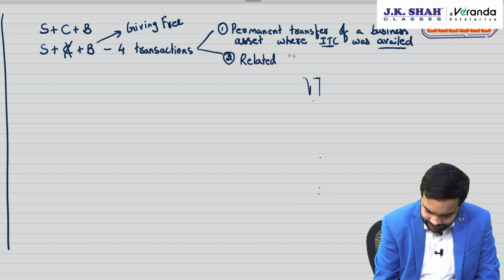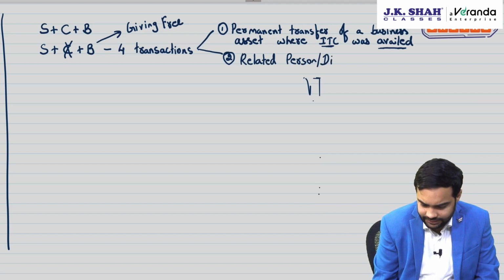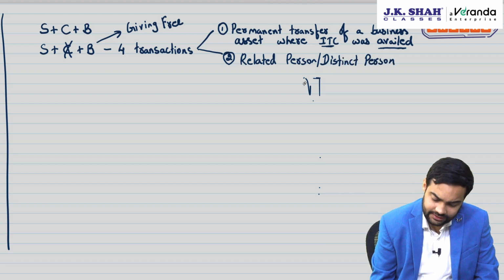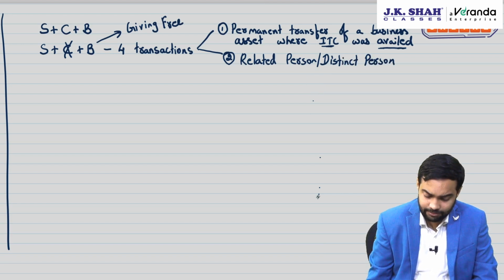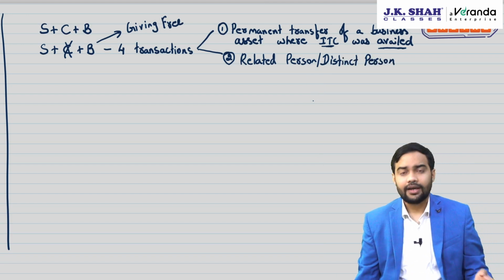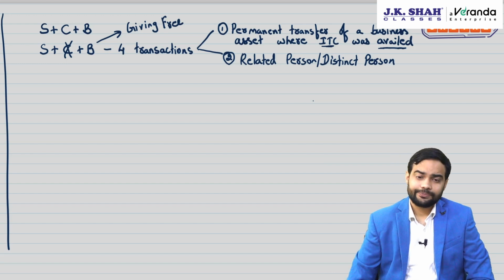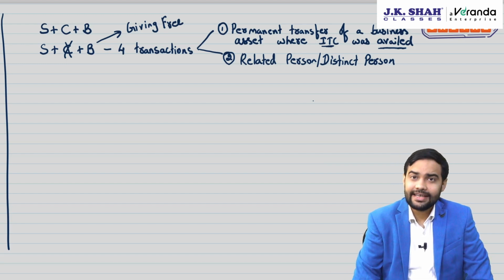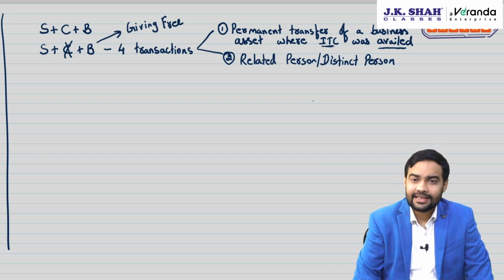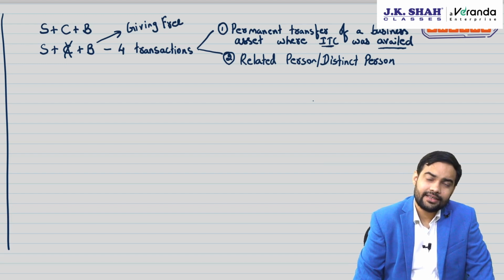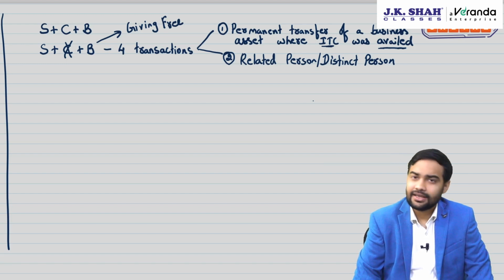What's the meaning of related person? Related person basically covers directors or officers in one another's business, partners of a partnership firm, employer, employee, holding more than 26% in 2 companies, then both of them are considered as related persons.